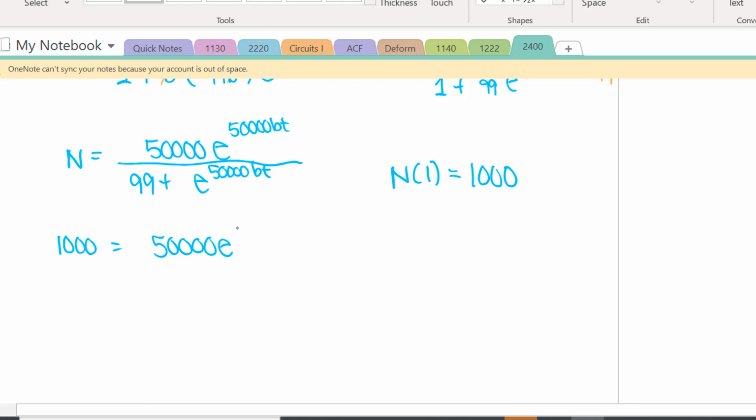So that would just be 50,000 b. This is where it is nice to multiply numerator and denominator by e to the negative 50,000 b, because then we'll just have b in one spot. It's a lot easier to solve for b if it's only in one spot as opposed to two.